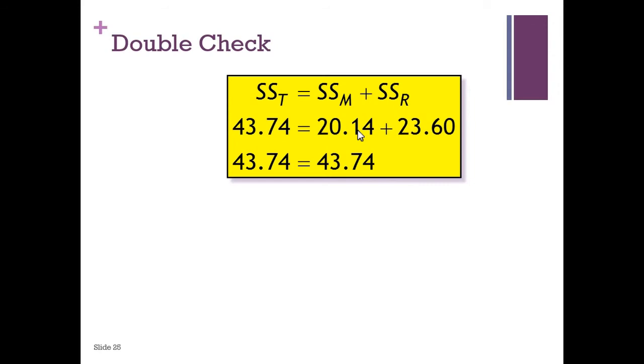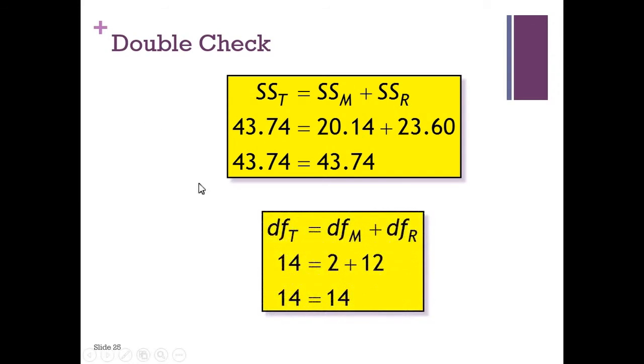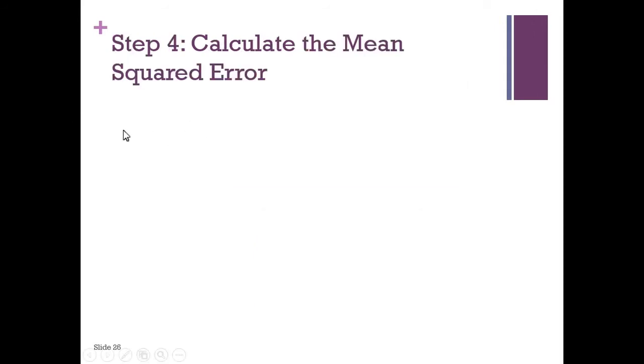And so I can't just say model's less than residual, life is over. Instead, we have to calculate mean squares. This is called mean squared error. Most people just call it mean squares. People sort of drop the E, but this is mean squared error. So you'll see that listed as MS.